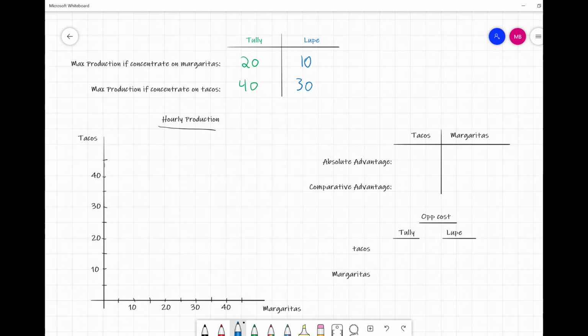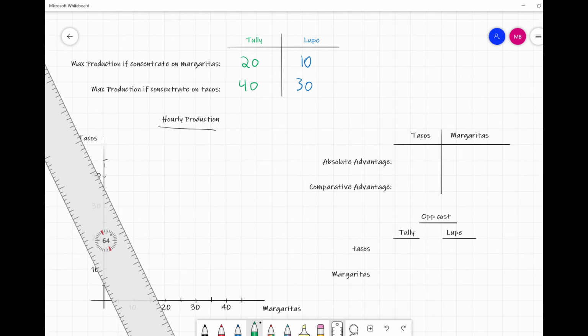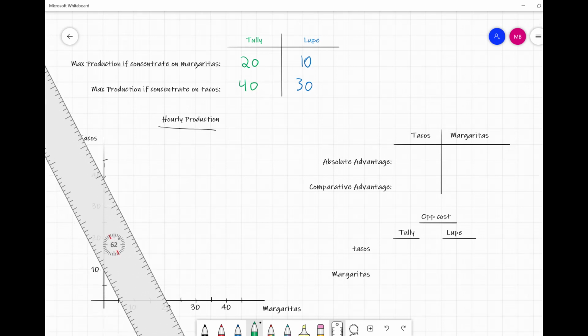So let's draw out our production possibility boundaries for each of these individuals. And let's start with Tully. So we have the two intercepts. So Tully can have 40 tacos or 20 margaritas. So that looks about right. Make sure the color is right. It's green. So there's our production possibility boundary for Tully. Notice it's a nice straight line.